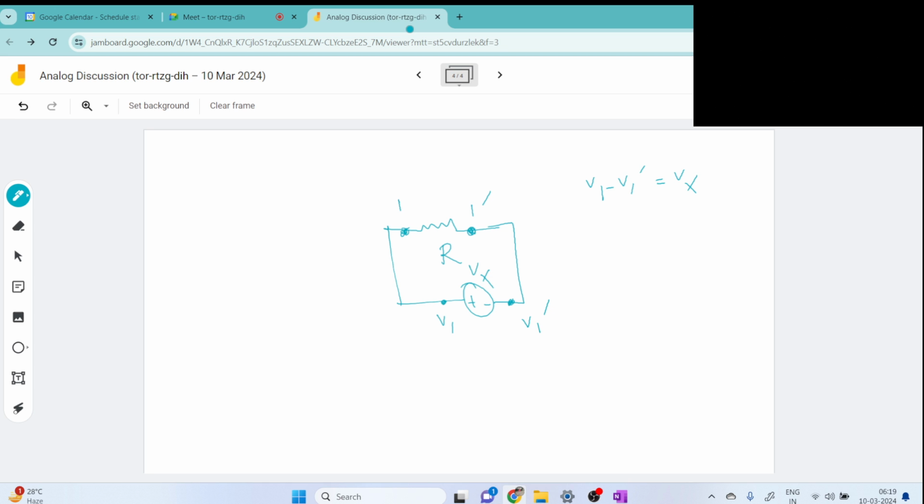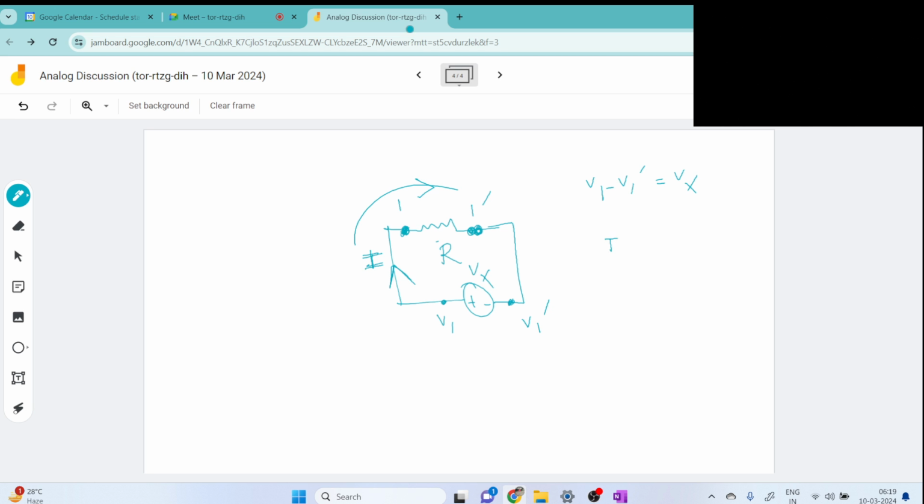Now we can find the current flowing through this resistance. It is Vx by R: this voltage minus this voltage divided by this resistance is the current, flowing in this direction.